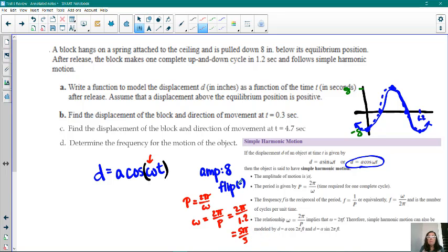All right, so now we know omega, we know the amplitude, and that we have that negative. So for part A, our model, the displacement at any given time, is going to be equal to -8 times the cosine of 5 pi over 3 t. All right, so there's the formula for our displacement.